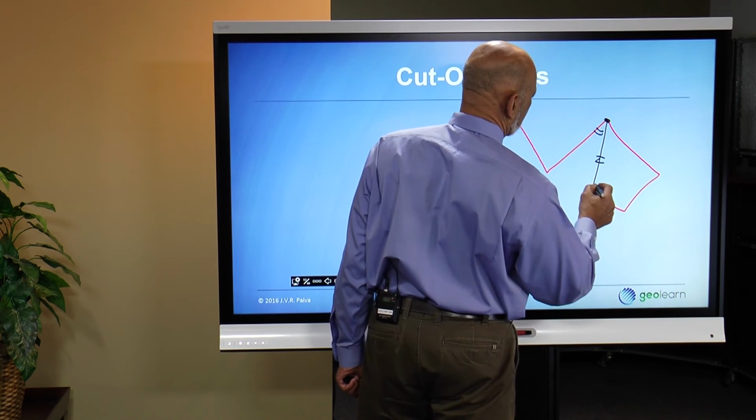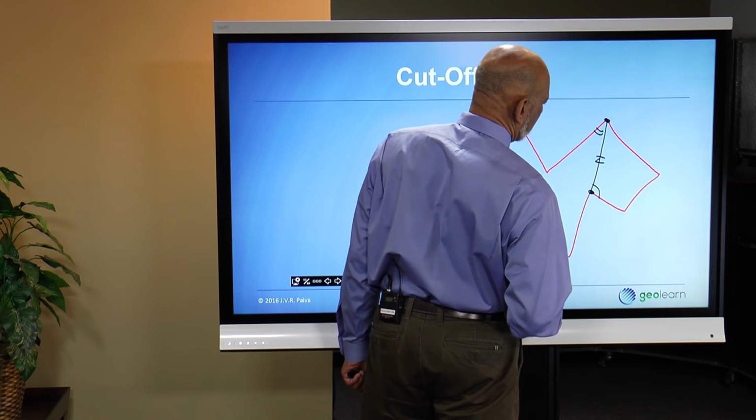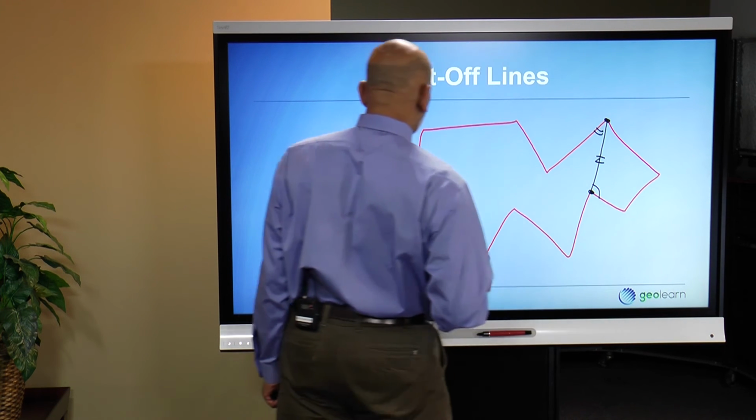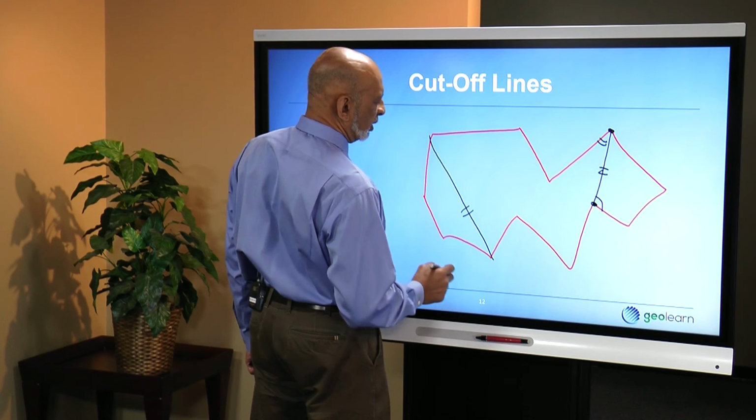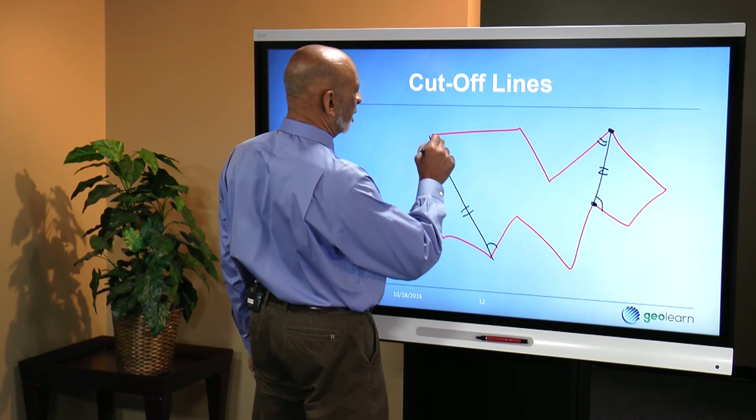And when you get here, you might measure that angle as well. And maybe you do that in another place like this, for example, where you measure that distance and that angle and that angle.